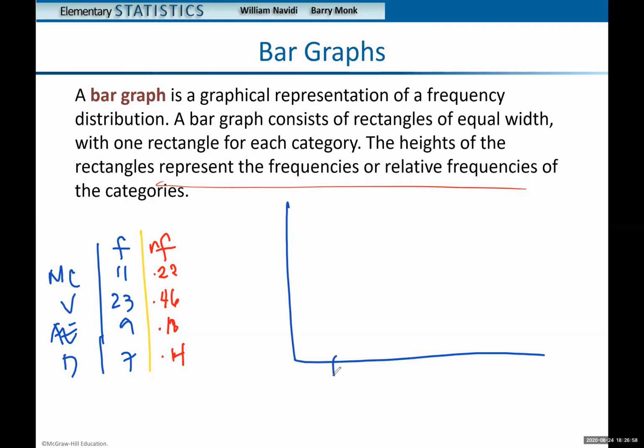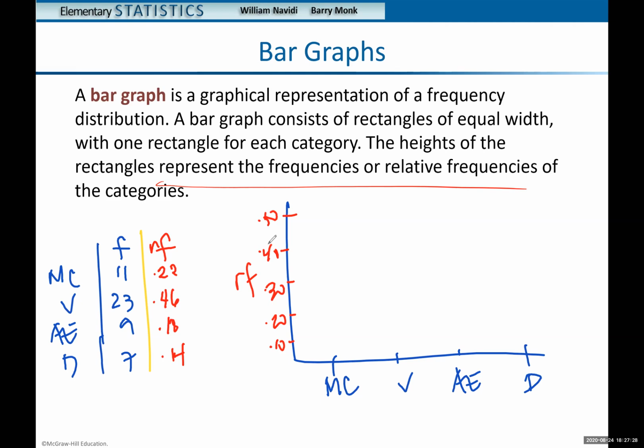Again, let's say this is MasterCard, Visa, American Express, and Discover. And your highest RF is 0.46. So let's say 0.10, 0.20, 0.30, 0.40, 0.50. So this is your RF.